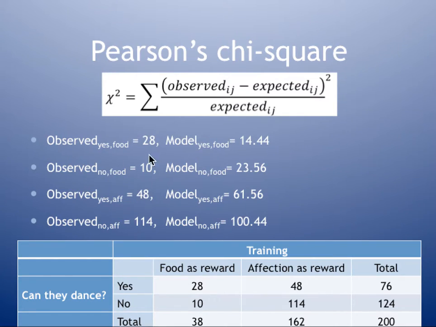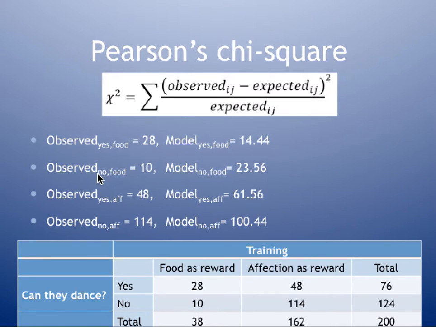So we have all of our observed values and all of our expected values. Now we just do what the equation says to do. We will take the observed value for one of our 4 possibilities. In this case, the i would be yes and the j would be food. 28. We're going to subtract 14.4. Then we square it. And then we divide it by our expected, again 14.4.